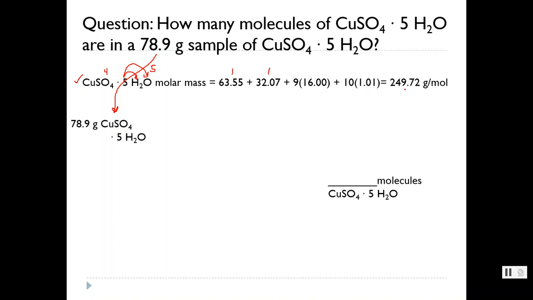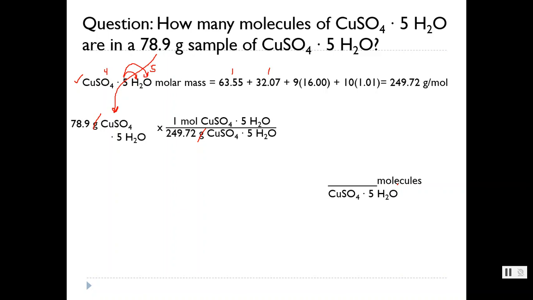Adding them up gives me the molar mass of copper(II) sulfate pentahydrate, which I will then use to convert my grams of copper(II) sulfate pentahydrate to moles. Again, writing that so my gram units cancel. I've got moles, but I've got to get to molecules.